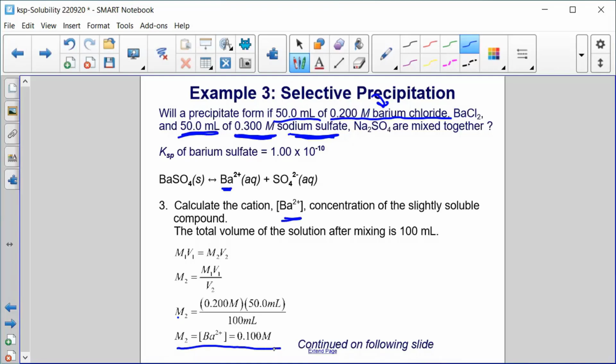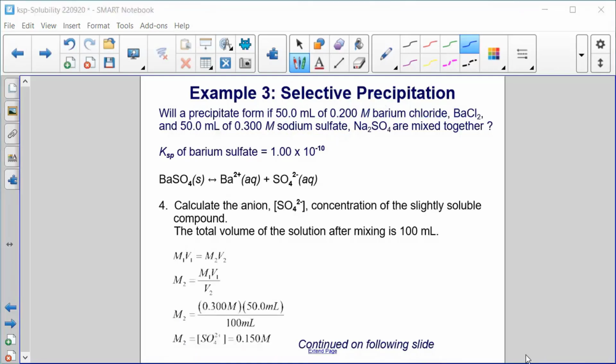That makes sense. So we're going to do the same thing for the sulfate. So initially we have 0.3 molar sulfate in 50 milliliters. And we combine it, it's eventually in 100 milliliters. So the concentration of the sulfate is 0.150 molar.